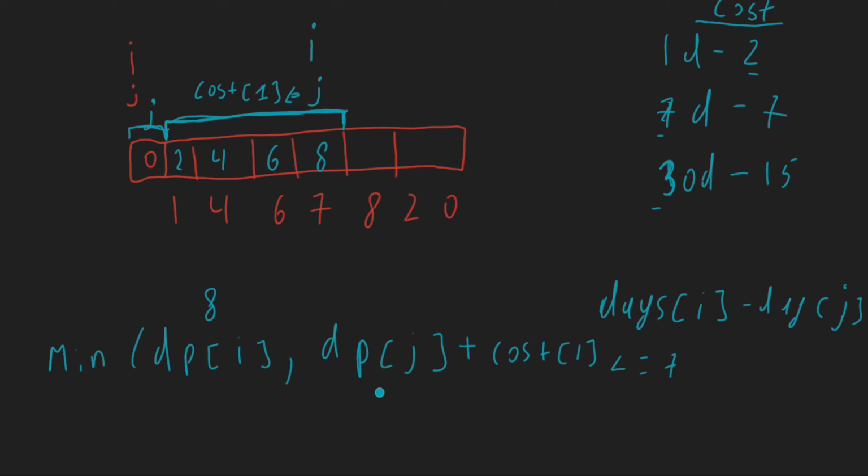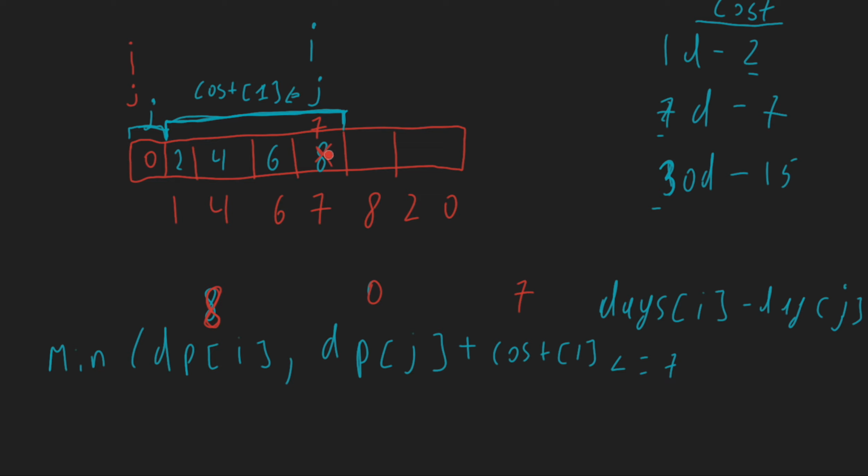In this case dp j is 0, plus 7. So yes, we can do better than 8. We are replacing 8 with 7 here. So that is our approach.